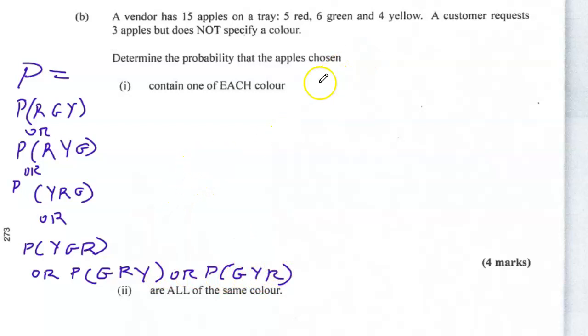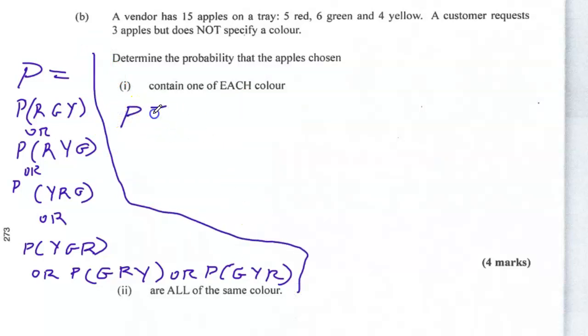Alright, let's write them out one by one now. So let me separate that. So P, let me do red, green, yellow first. Red, green, yellow. Alright? So red, the probability, that's 5, and there are 15 in all, right? So red is 5 over 15 times what's green? Green is 6 over 15.